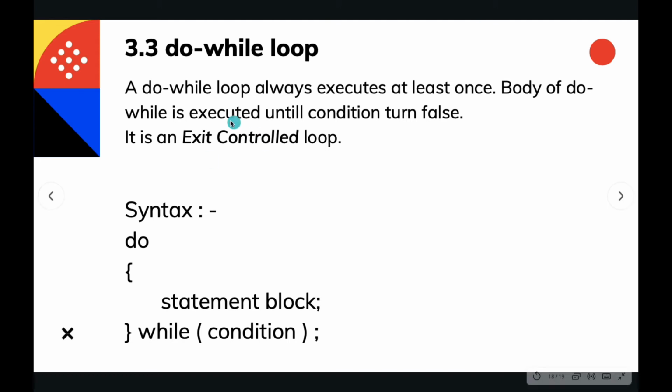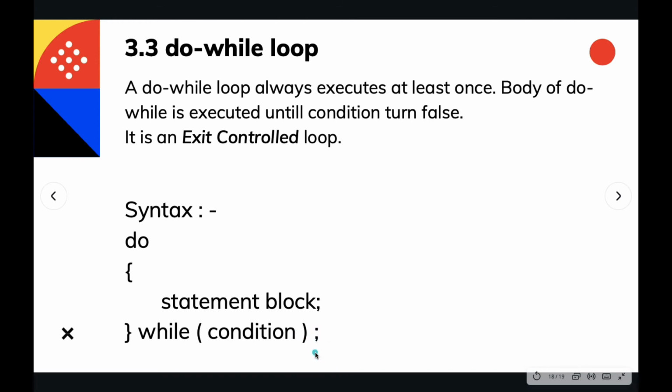So the do while loop always executes at least once. The body of do while is executed until the condition turns false. The syntax says do, and then the body of the loop, and then while, and then the condition. There is a bit of change: notice that you have a semicolon at the end.